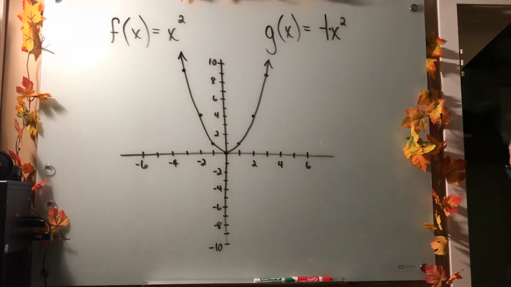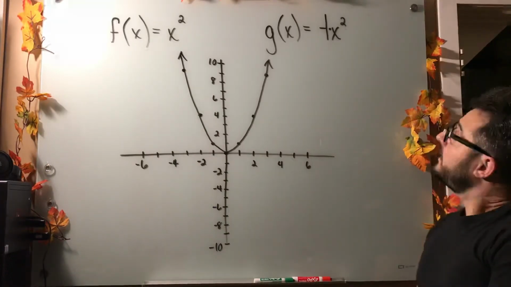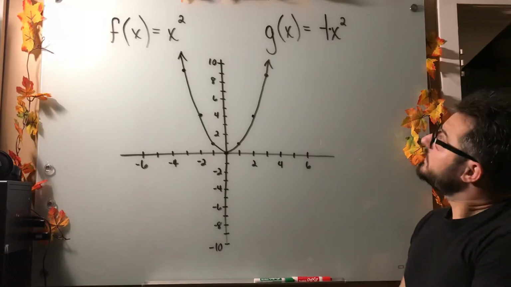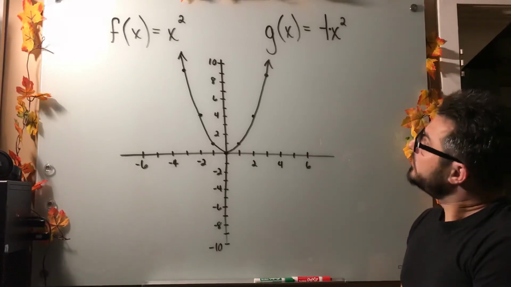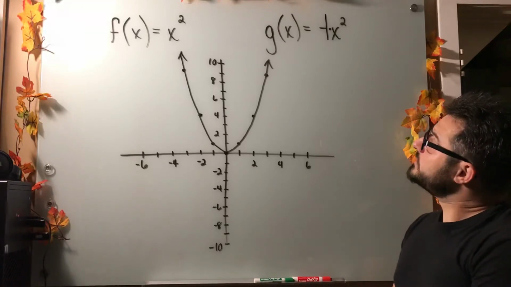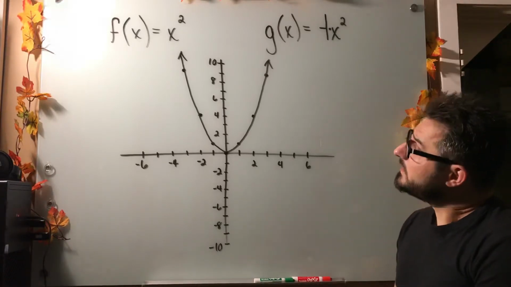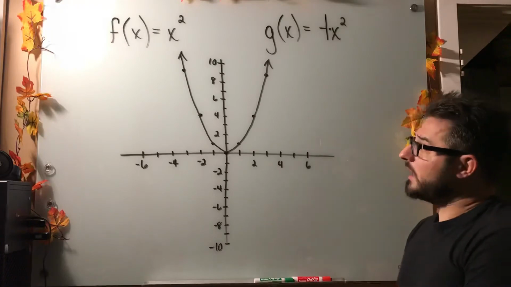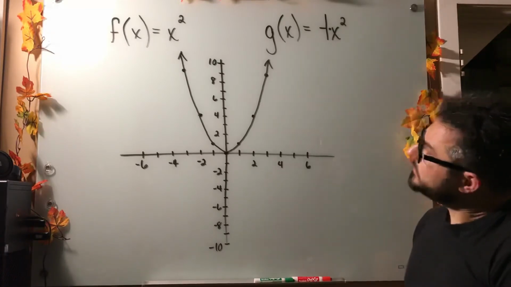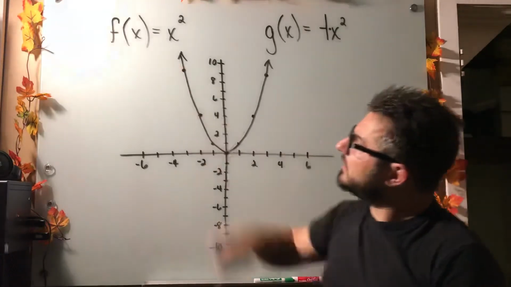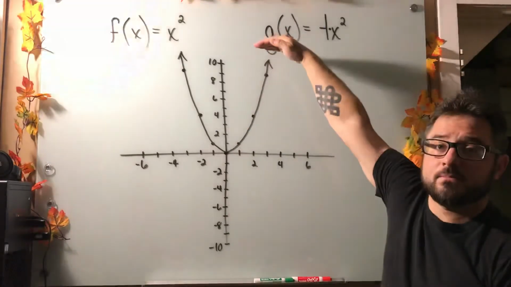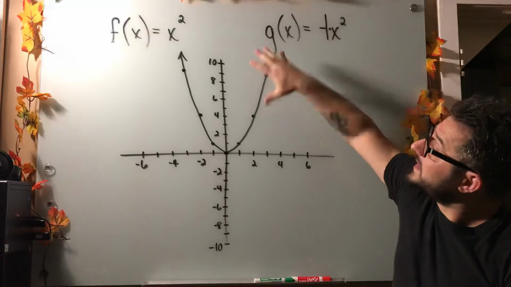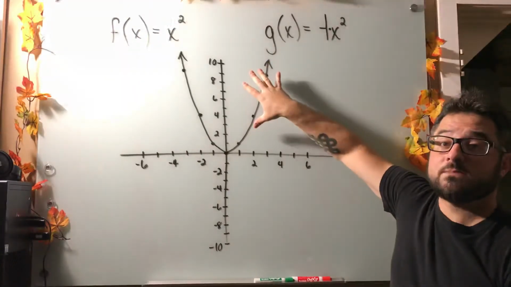Now, as we saw, for any given x value, we put it into both functions and we produce the same y value but with opposite signs. So the range of x squared is 0 to infinity. We did not produce any negative values as outputs.